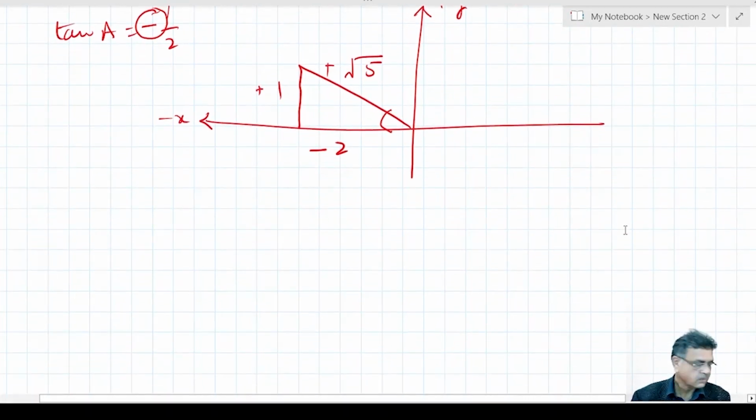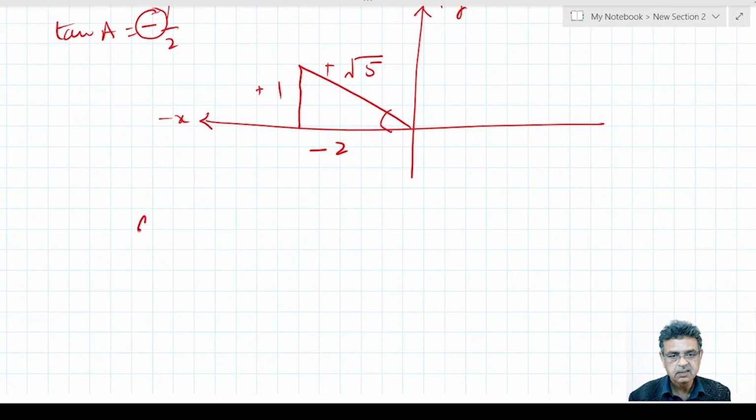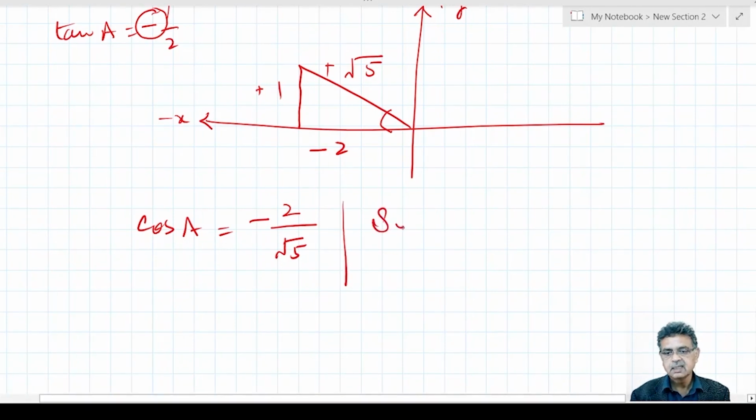So now we have to find cos A and sin A. Cos A is adjacent over hypotenuse, and sin A is 1 upon root 5.